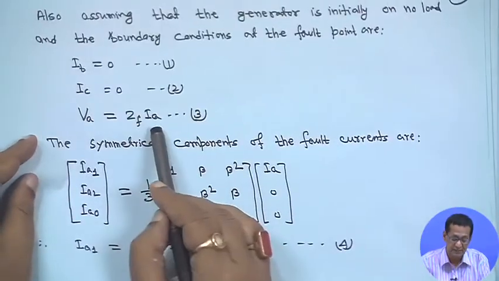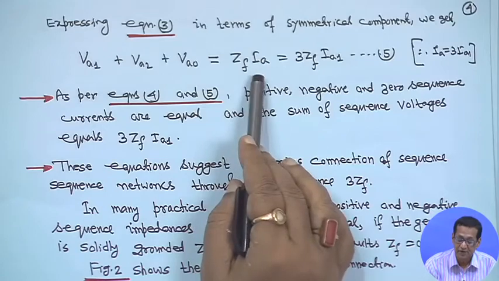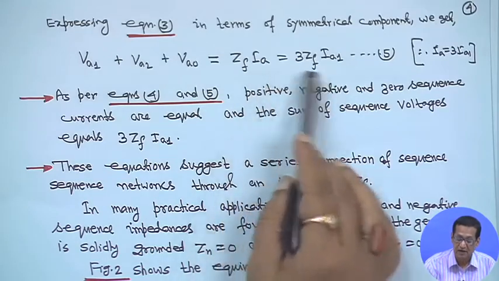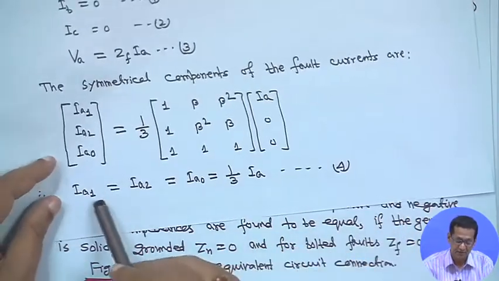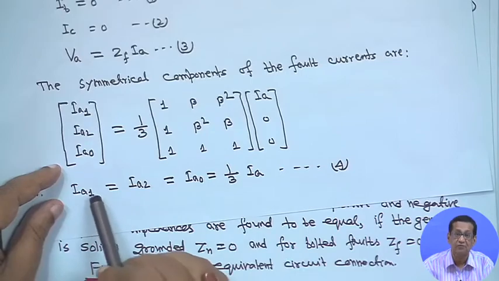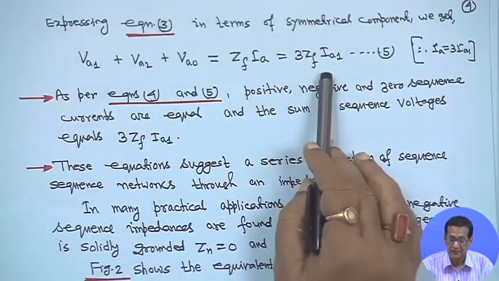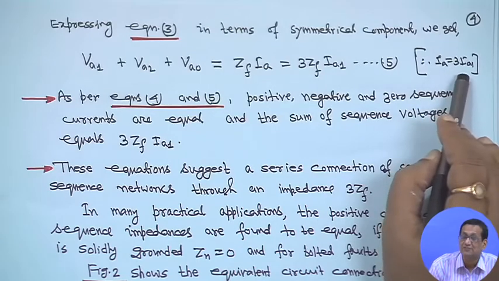So, VA is equal to Zdf into IA, but IA is equal to 3 IA1, because we know IA1 is equal to IA2 is equal to IA0 is equal to 1/3 IA. So, IA is equal to 3 into IA1, and here we are putting 3 Zdf IA1, where in brackets I am writing IA is equal to 3 IA1.